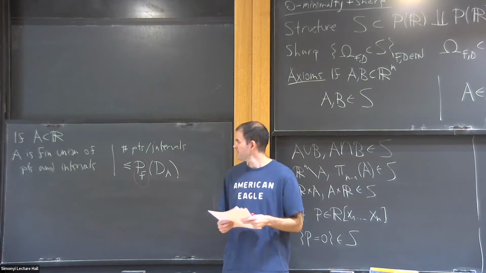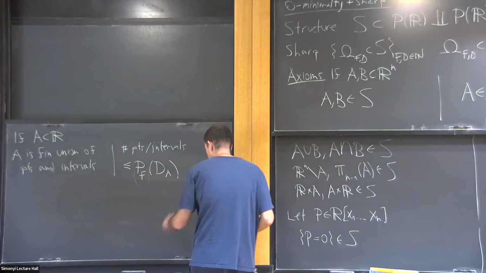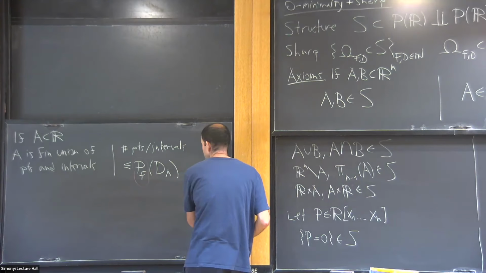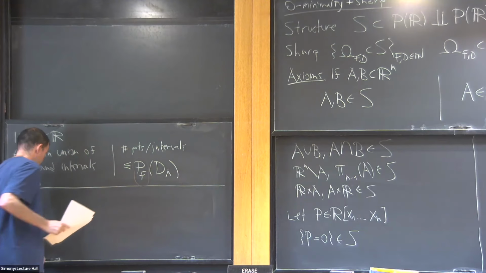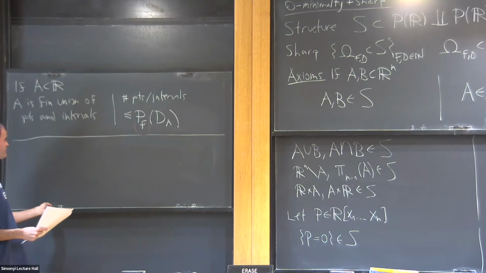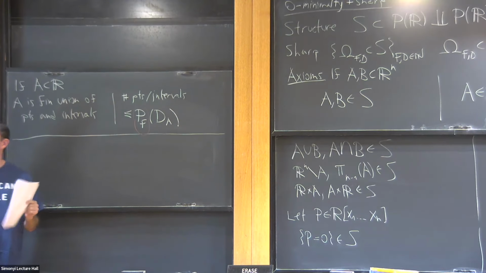So what is the point of making a definition like this? I'll give one prototypical theorem, a theorem about the number of connected components. Exactly, that's sharp.